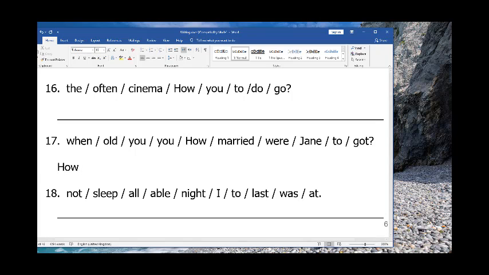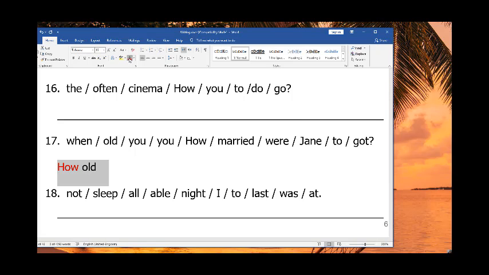So, how, I'm talking about what here? I have when, old, you, married, where, Jane, to, got. I have a question word called how, and I have another one called old? Old, yes. So, how old? And then I have to put the verb. Where, you, I have to talk about the time.